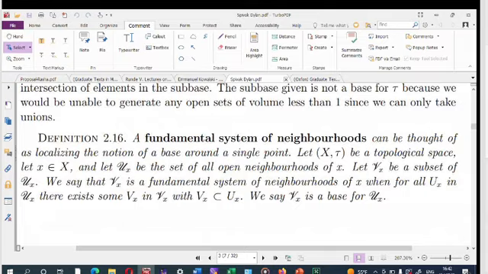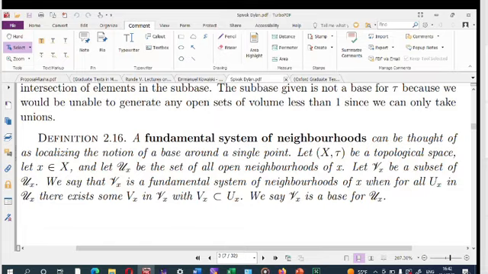A fundamental system of neighborhoods can be thought of as localizing the notion of a base around a single point. Let X and tau be a topological space, and let x belong to X, and let Ux be the set of all open neighborhoods of x. Let Vx be a subset of Ux.